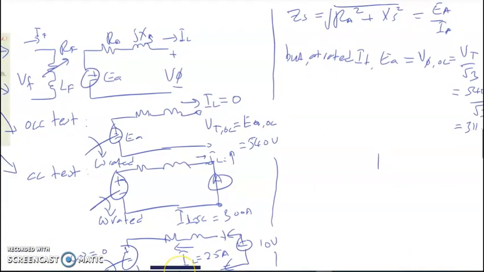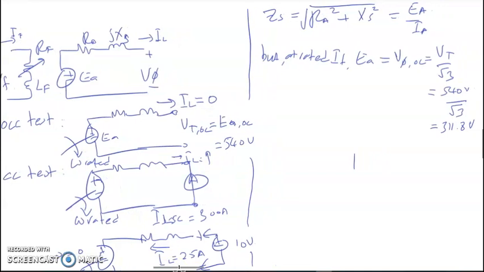So we go back to the equation. The amount should be 311.8 volt, which is lower compared to the terminal voltage of 540 volts that we measured. Then the armature current that we measured during our short circuit test. Open circuit we measured 540 volt, and short circuit we measured 300 ampere.